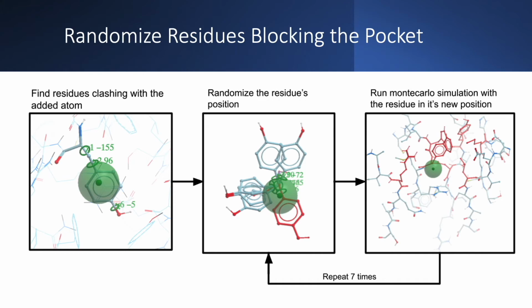I then replicated the last two steps 7 times, each time starting with the original structure and saving the results. This solution moves the obstructing residue before starting the simulation at all, with the hopes that one of the 7 runs already starts with an open pocket.